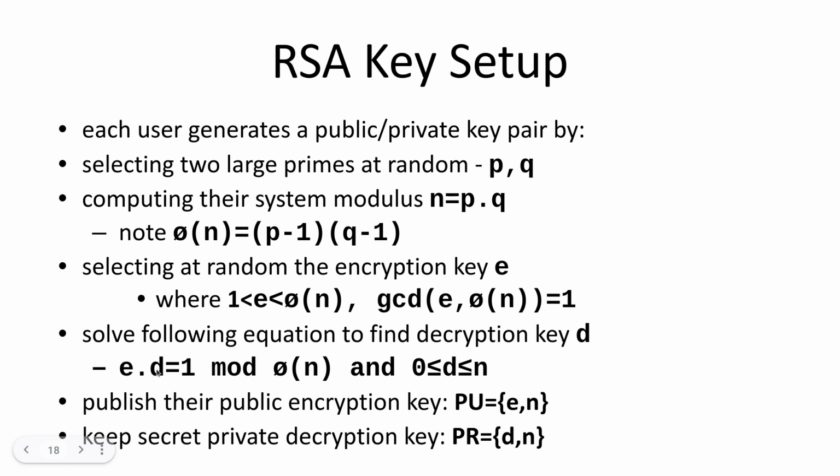So D must be an inverse of E: E times D is equal to 1 mod phi of N, and that D value will be between 0 and N.